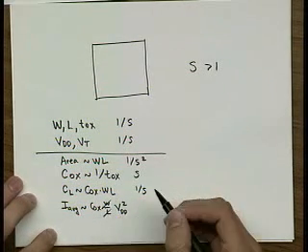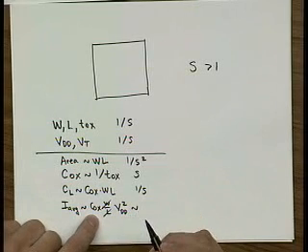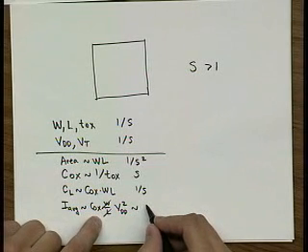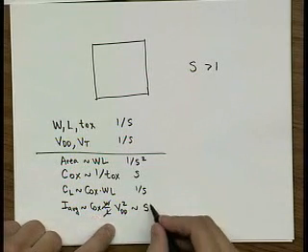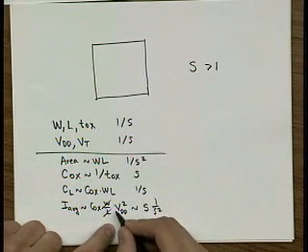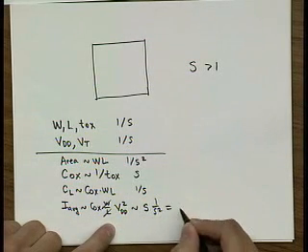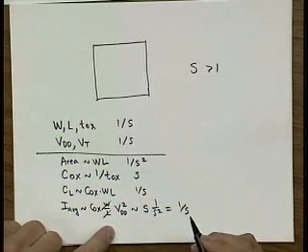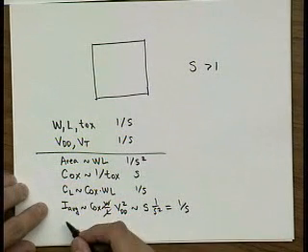So W and L cancel out. Let's see, C_ox is S, and then you have 1 over S squared for the VDD, and that gives you 1 over S. So now the propagation delay.